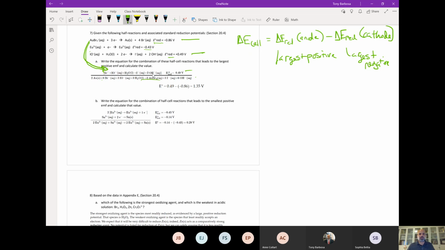And so to write the equation, let me just write that over here. So we have our AuBr4 minus plus 3 electrons going to gold plus 4 Br minus.